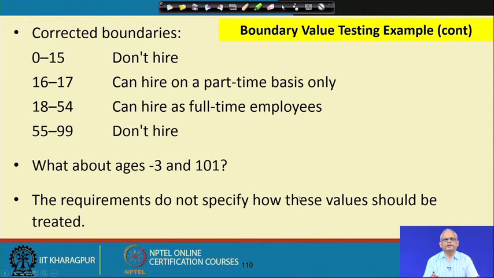And then we can correct our code where we have the boundaries clearly specified here: 0 to 15 do not hire, 16 to 17, 18 to 54 and so on. And then we can take care of values that are invalid, and we need to take care of the boundary between the invalid and the valid set of equivalence classes.